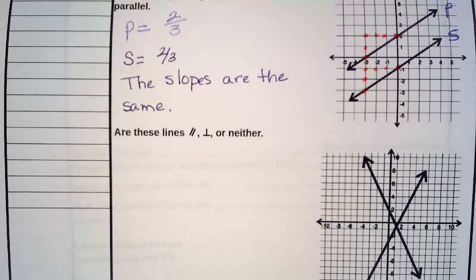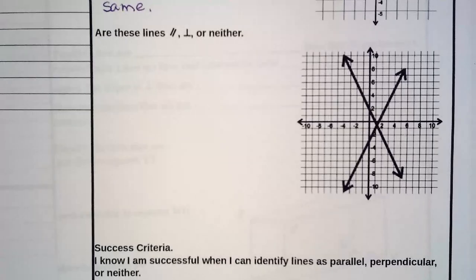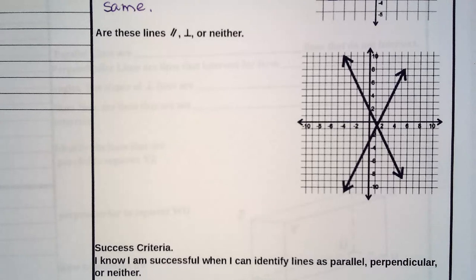For the last one, are they parallel? Now you can tell that by looking. Are they perpendicular? It really doesn't look like that, but you've got to prove it. So to prove it, you've got to find both slopes.